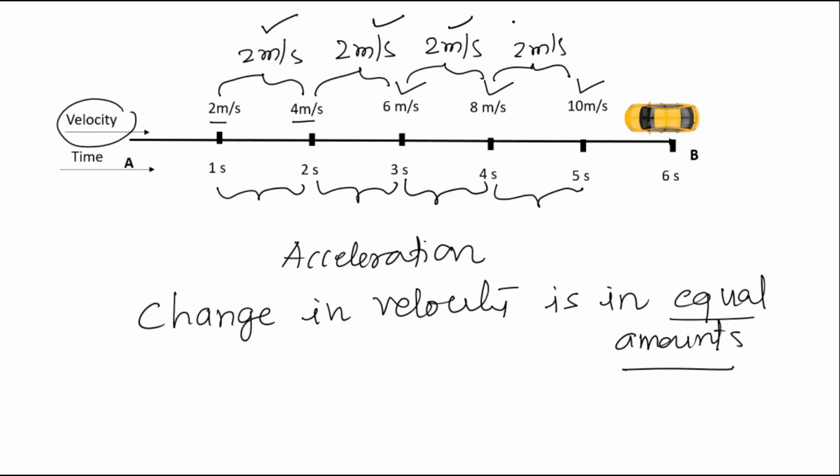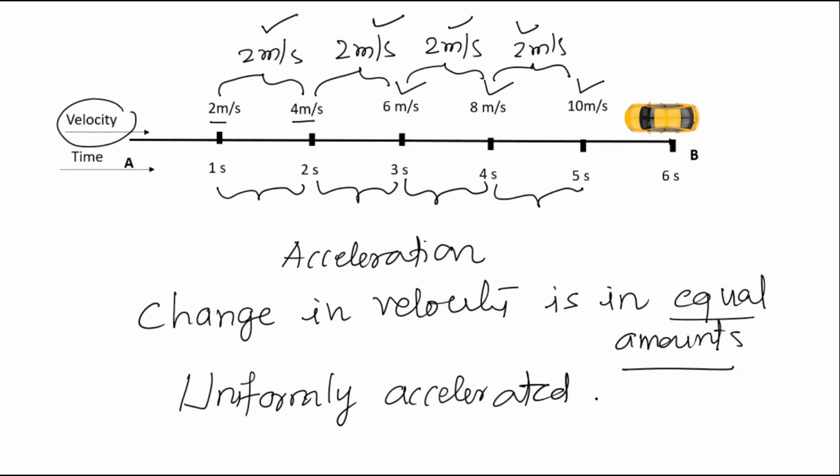Every time interval, it is 2 meters per second. Equal change in velocity, right? Then this type of motion is uniform acceleration, or the motion itself is called uniformly accelerated motion.